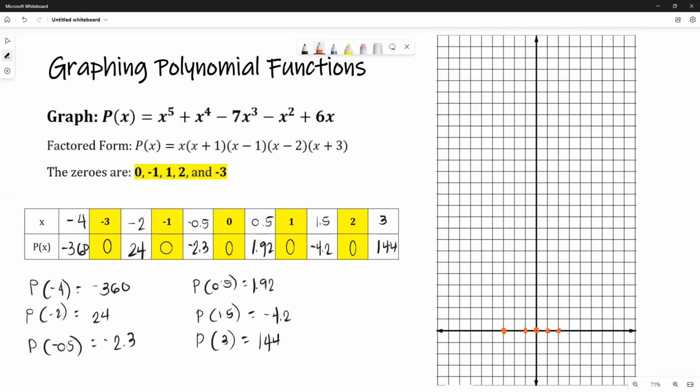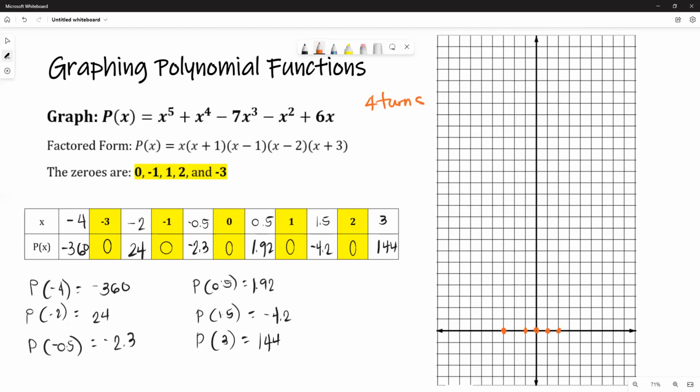Since we have a quintic function and having 5 as the degree of our polynomial function, subtracting it by 1, we will have 4. So expect that there will be 4 turns in our graph.